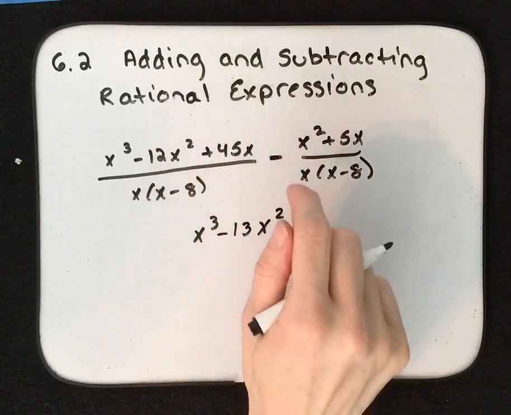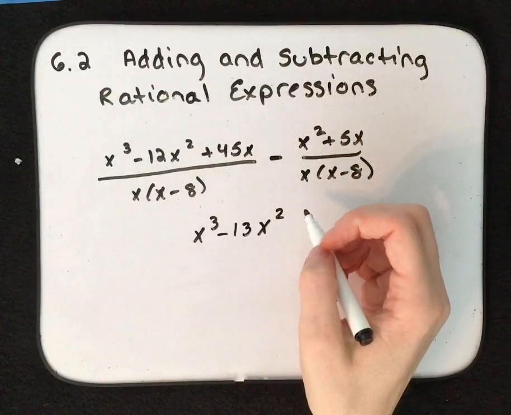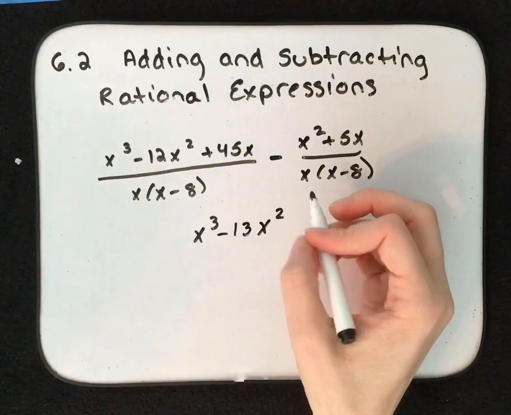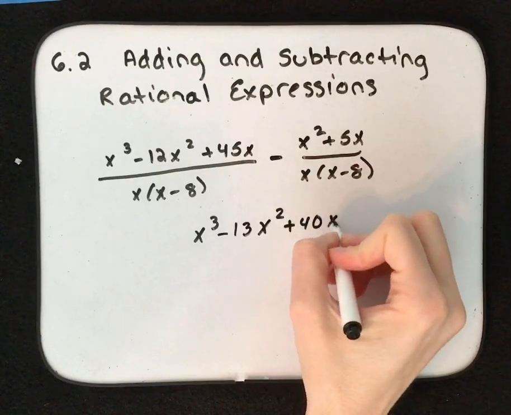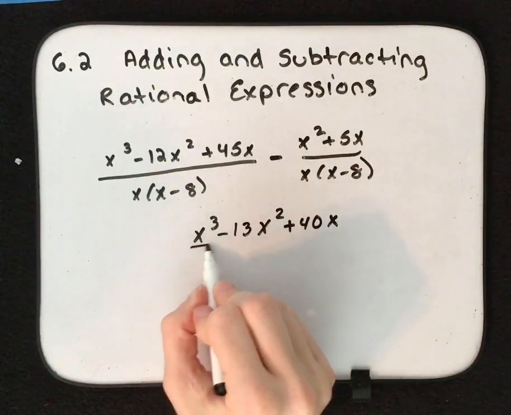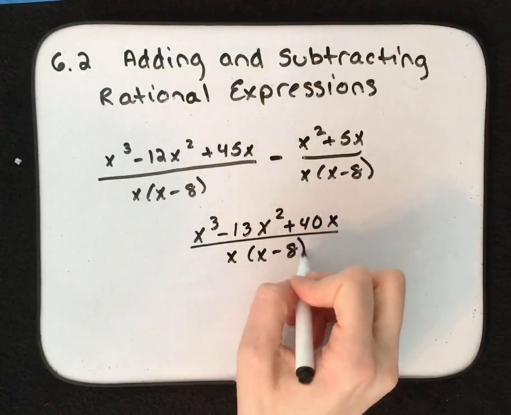Then we have 45x minus 5x, that is going to give us 40x. And that is all over x times x minus 8.